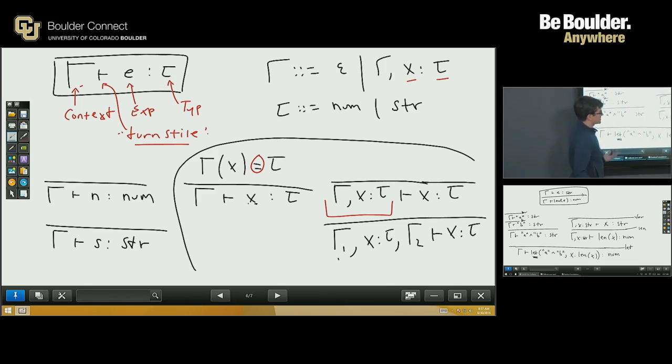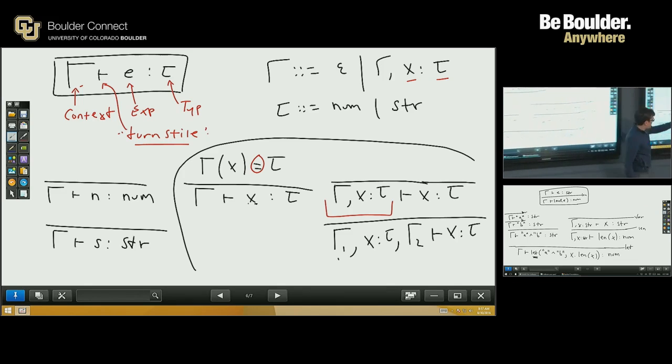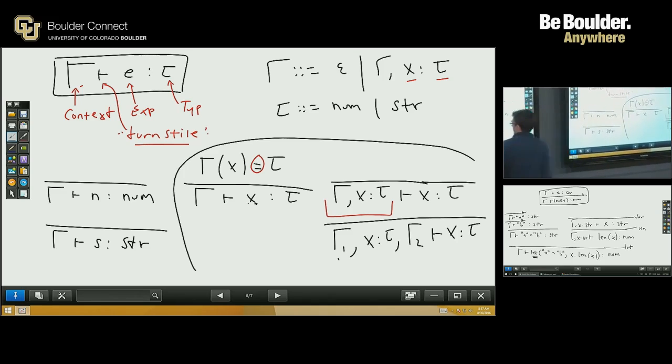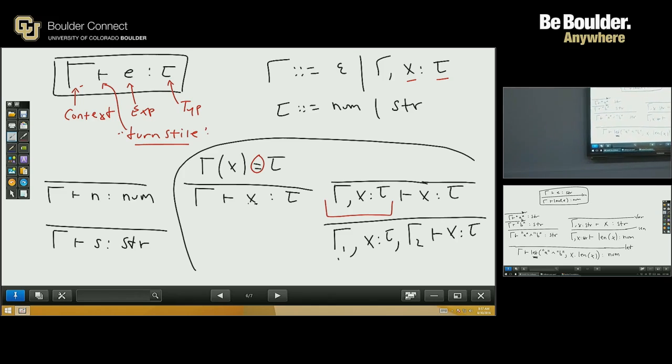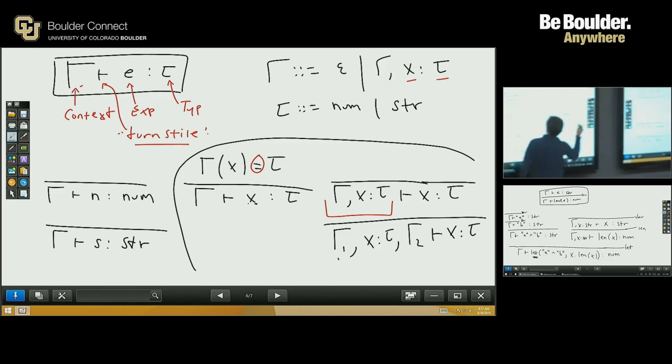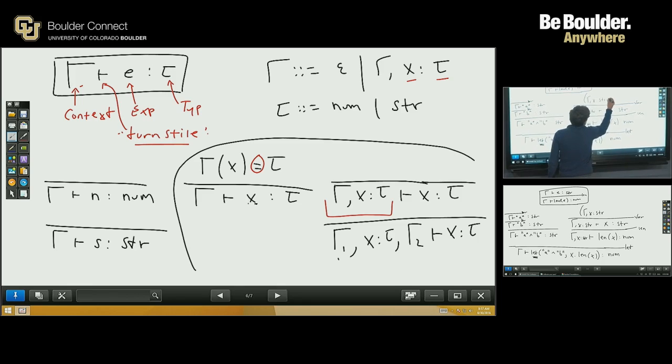No, I'm done. That's an axiom. There's nothing on the top of those rules. This one has this thing on the top. And if I wanted to show all these details, I guess I could. I could say, oops, that if I treat this whole thing as a map, and I map x, that gives me str.